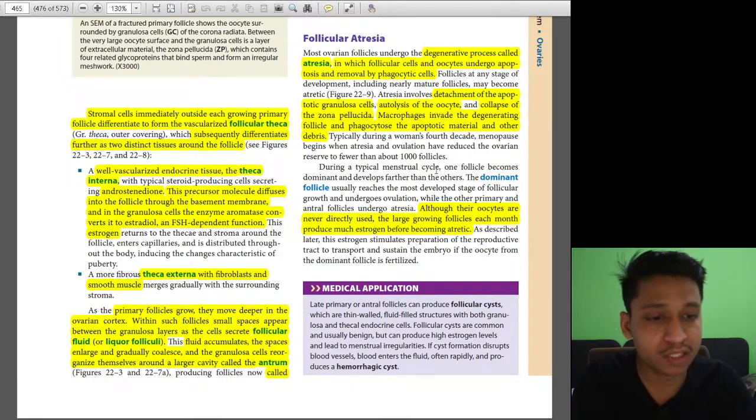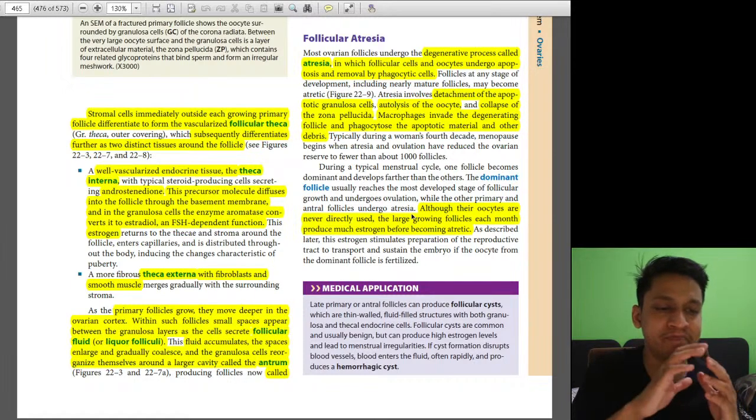During a typical menstrual cycle, one follicle becomes dominant and develops farther than the others. The dominant follicle usually reaches the most developed stage of follicular growth and undergoes ovulation, while the other primary and antral follicles undergo atresia.